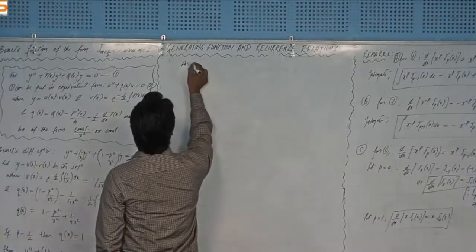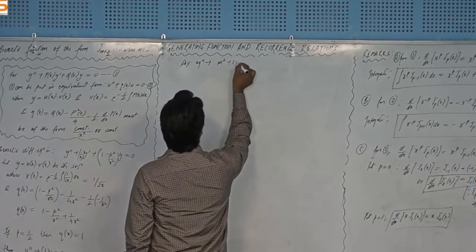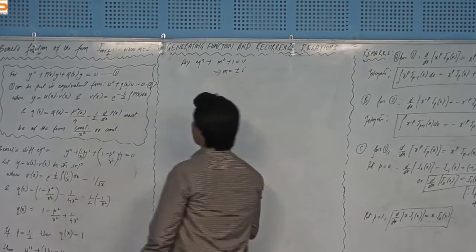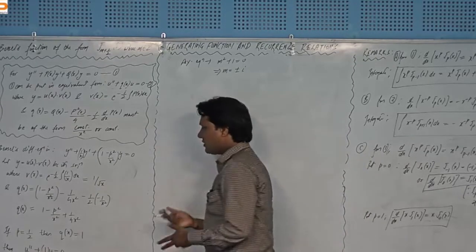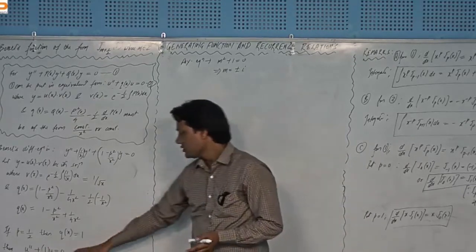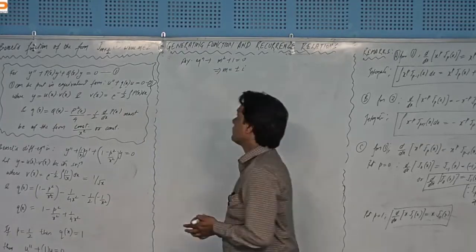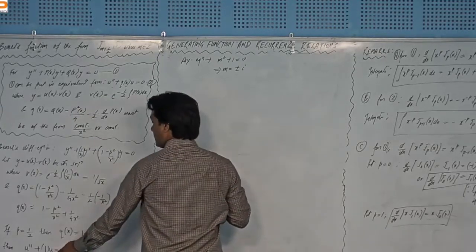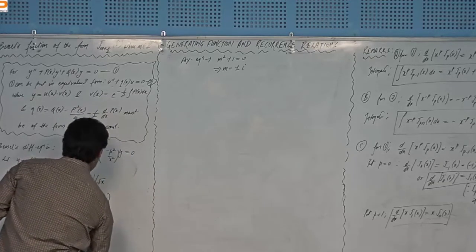So auxiliary equation, that is m square plus 1 equal to 0, will give m equal to plus minus iota, and since we are having complex roots, the complementary function will be the solution, because the right hand side is 0, there is no particular solution, only complementary function will be there, and that will be the general solution. So the solution of this differential equation, I should write it as equation number 1, right?